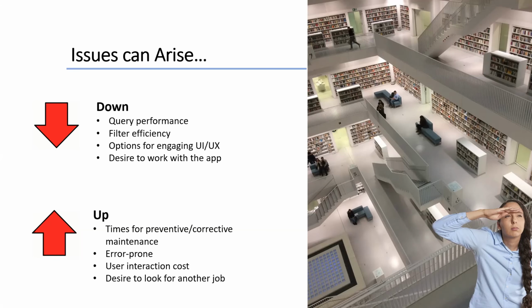The user experience will be impacted because you will have 10, 20, 30 filters that will take all the space in your screen, no matter if you are in a mobile device or in a desktop client. And of course, the desire to work with this application will be gone because the user will be frustrated and will have a hard time with the application.